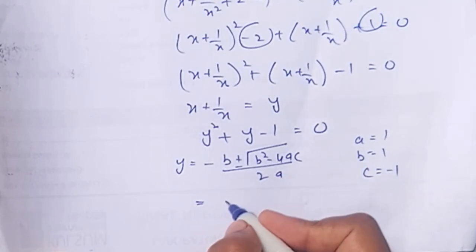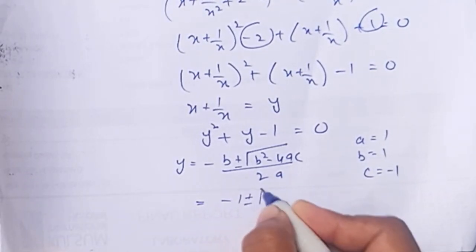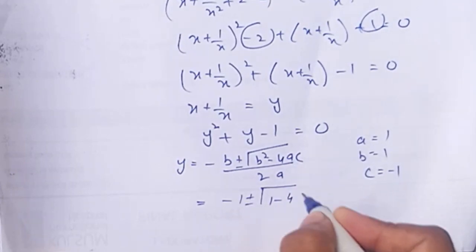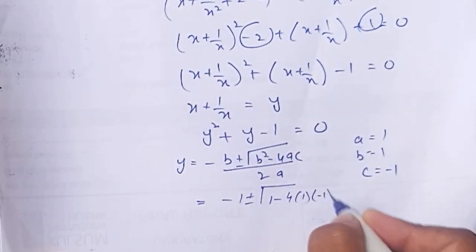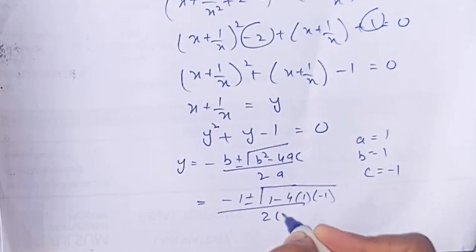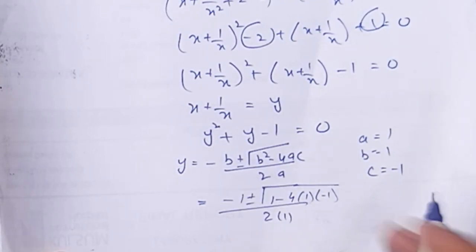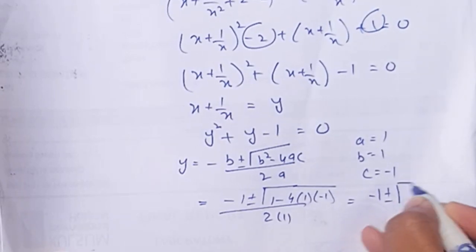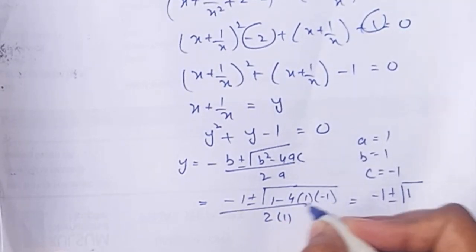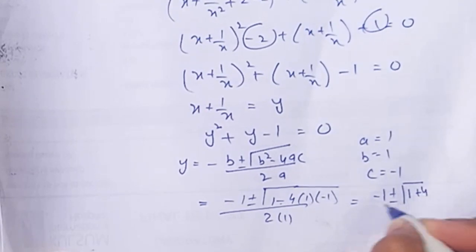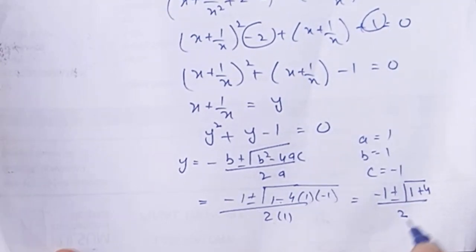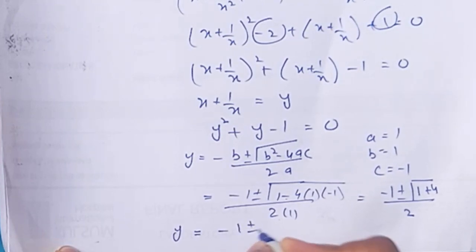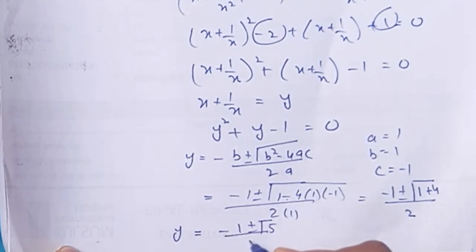So this is minus 1 plus or minus the square root of 1 squared, which is 1, minus 4 times a, which is 1, times c, which is minus 1, over 2a, which is 2. Now we simplify this value. Minus and minus will become a plus 4, so y is equal to minus 1 plus or minus square root 5 over 2.